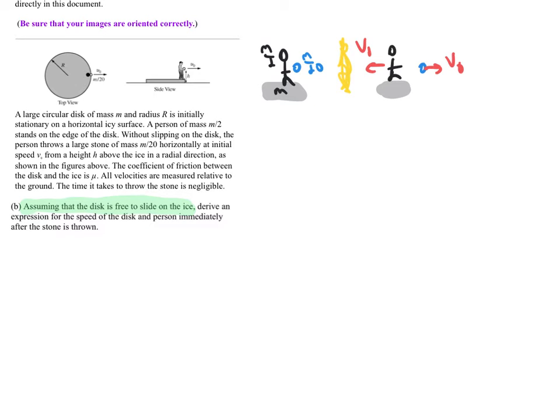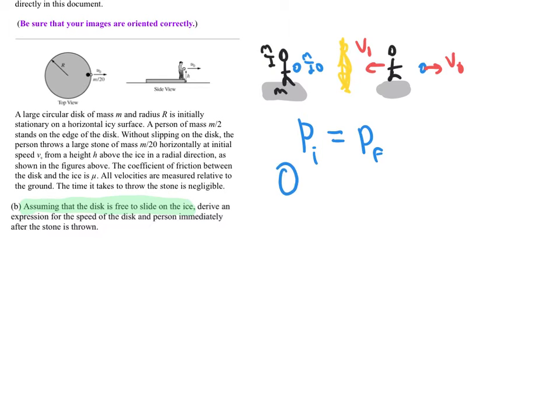All we know is the forces are internal. The person pushes on the stone, the stone pushes back on the person, the person is pushed against the disk, which then pushes back, etc. We don't care for all of that. They just tell us that the person and the disk move together, and the stone moves off. So we are going to say, with no external forces, that P initial is P final.